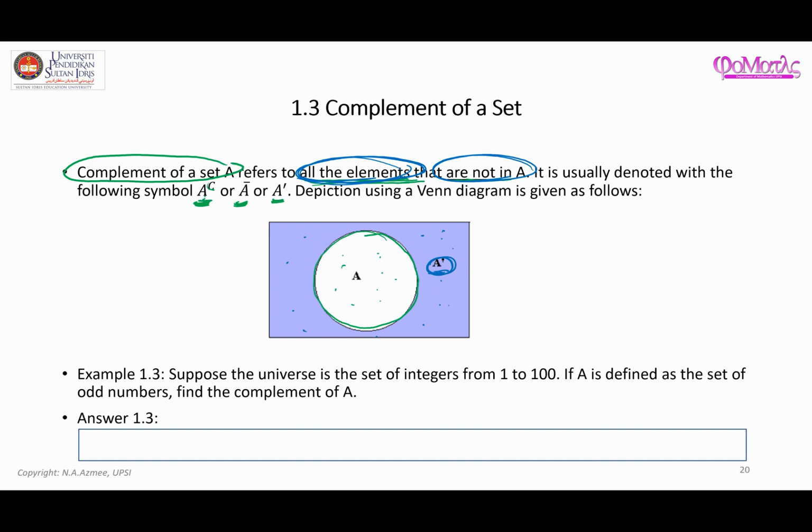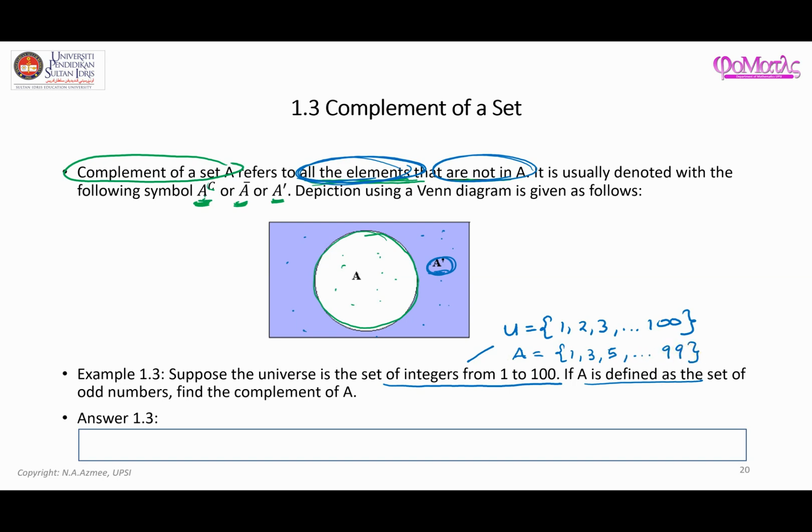So now let's imagine the universe is the set of integers from 1 to 100. It could be 1, 2, 3 until 100. And A is defined as the set of odd numbers, which means A will take values such as 1, 3, 5 until 99.